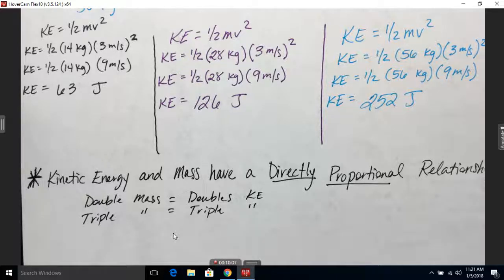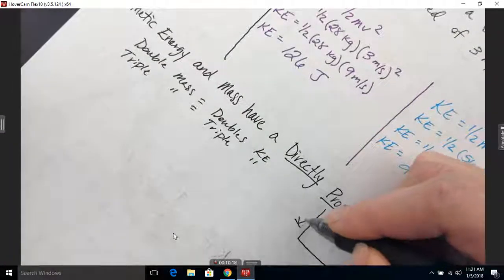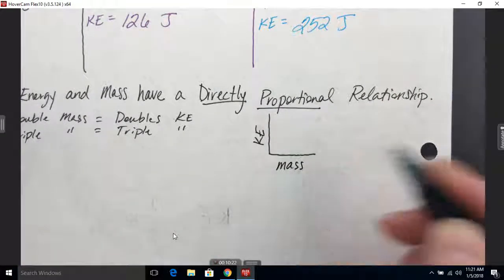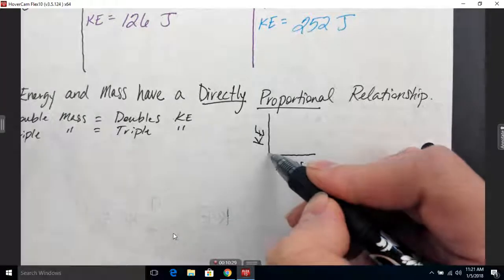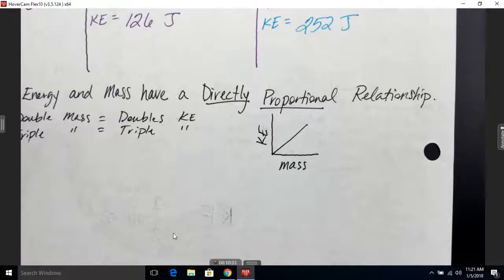What if it's 2, 2, 2, 2, 2, 2? So if this is our graph, this is kinetic energy, this is mass, what should my line look like? Boom, straight going up. I know y'all remember that.